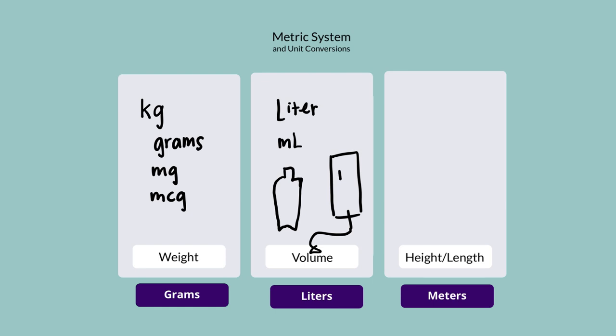This could be represented by saying 1 liter, or you could also say this is 1,000 milliliters. If I say this is 1,000 milliliters, is it the same amount of liquid in that bag as if I say 1 liter? Yes, unless it's emptied out in between those two statements, and that would be a different amount of milliliters. So when we're talking about unit conversions, we're not talking about changing the amount of volume in something.